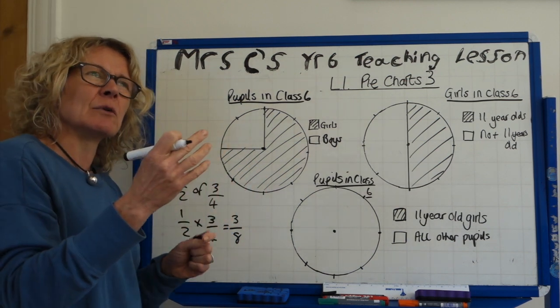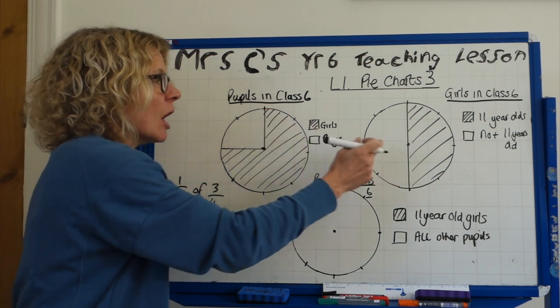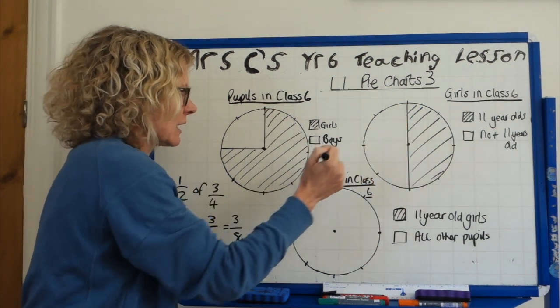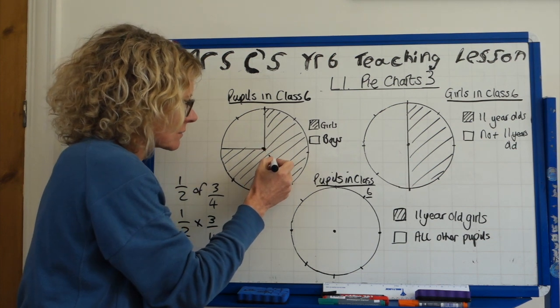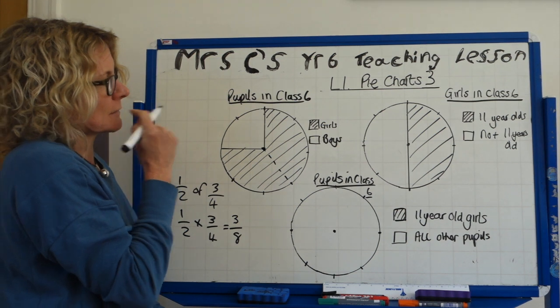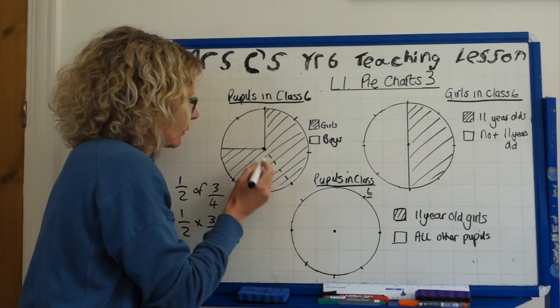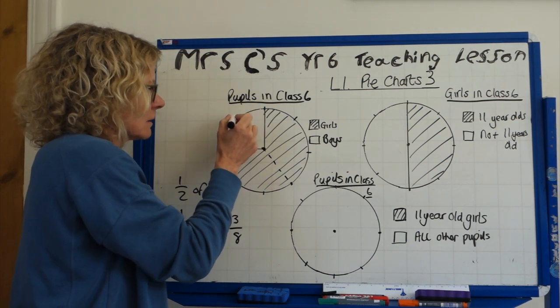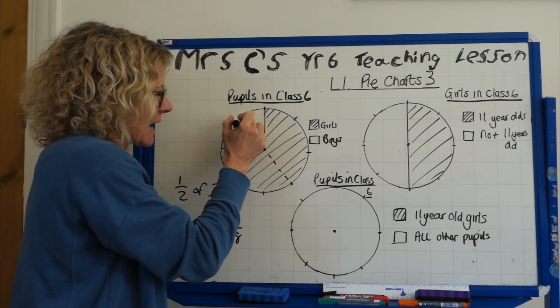Let's have a look at it more visually. So these are the girls in the class. Half of them are 11 years old. So if we just halve that 3/4, let's see what we've marked around here. This is 1/4, and that is half of 1/4, isn't it? So this is actually eighths.